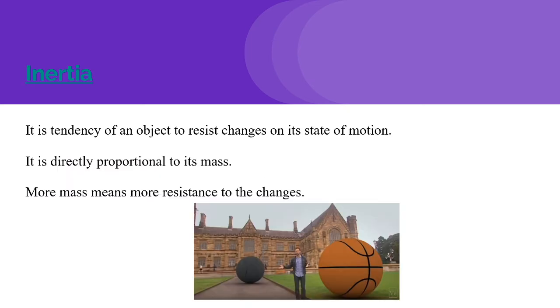And inertia itself has a different meaning. Inertia means the tendency of an object to resist changes in its state of motion. So if the state is at rest, then it will resist and stay at rest. If it's in motion, it will resist and stay in motion. So if you want to change it, what do you need to do?